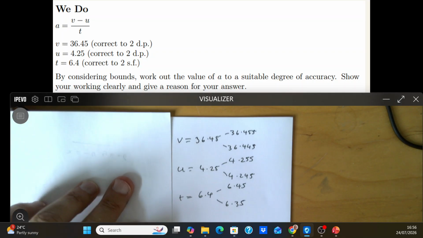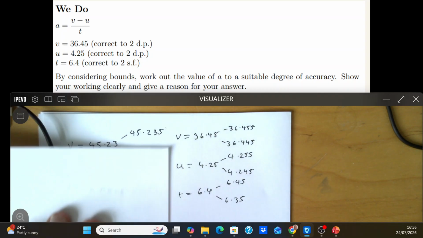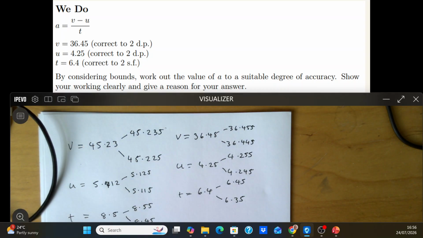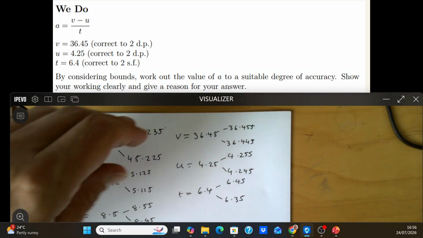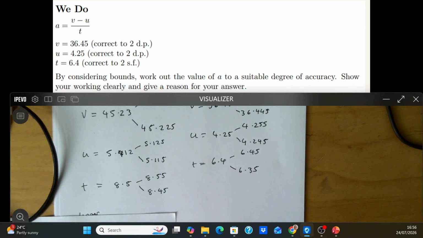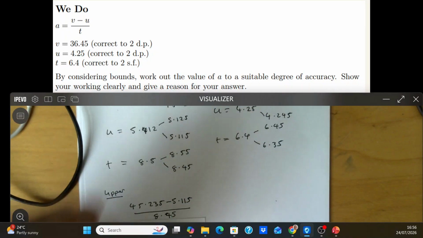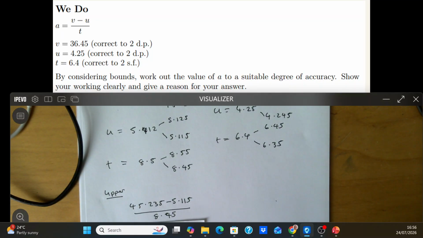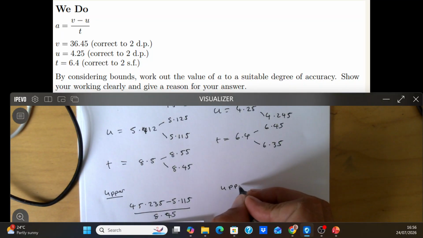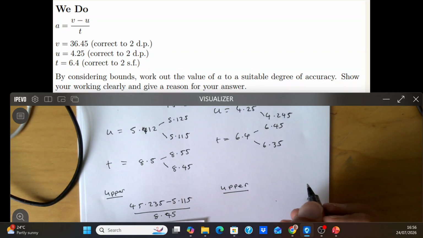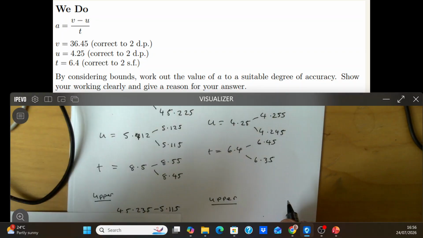Right, so you should have those. Then what did I do? I should check. What did I do next? I worked out the upper. So you can work out your upper. You decide which values to use and then compare it to mine. I'm just going to write mine down where you work.